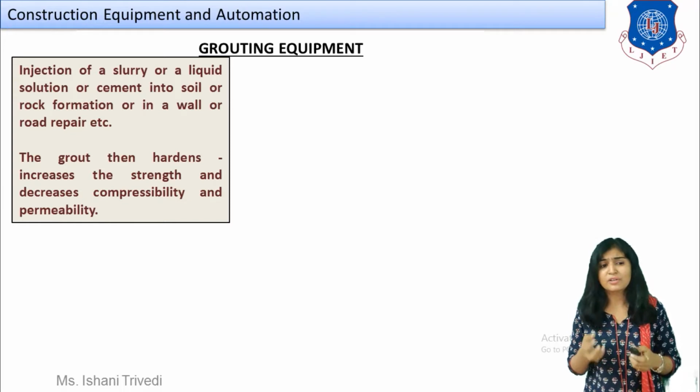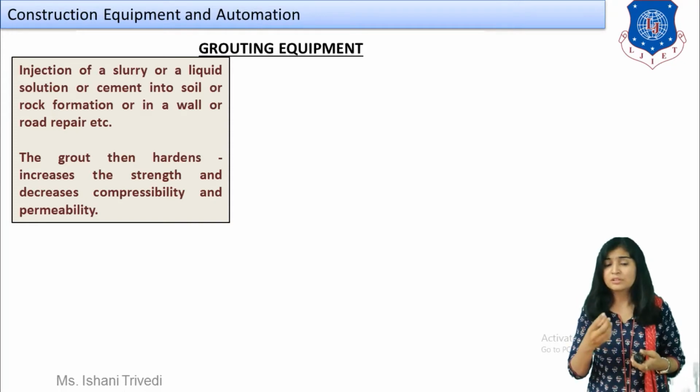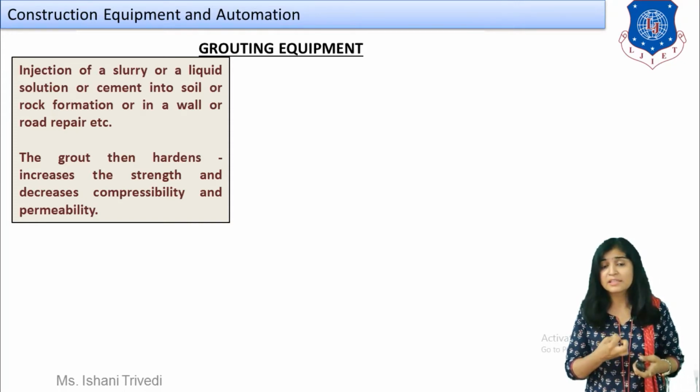So it is a slurry or a liquid, a mixture of cement, which is fed into the soil, or into the rock formation, or into the walls or the roads for repair works. That material is known as grout. Now, afterwards what happens, right? It is in a liquid state, in a proper slurry state.